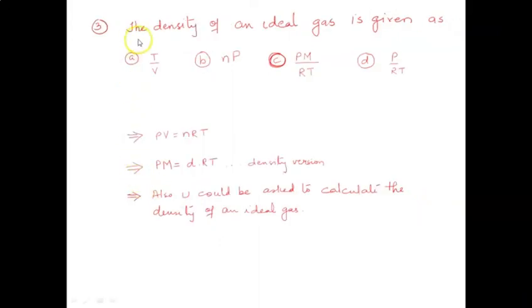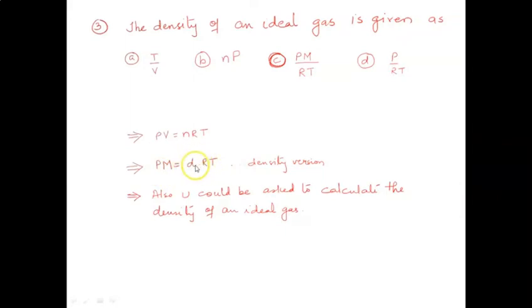Third one, we have the density of an ideal gas is given as: P upon RT, PM upon RT. The ideal gas equation is PV equals nRT, and we have another form of that equation, the density version, where density is involved. That is PM is equal to dRT.